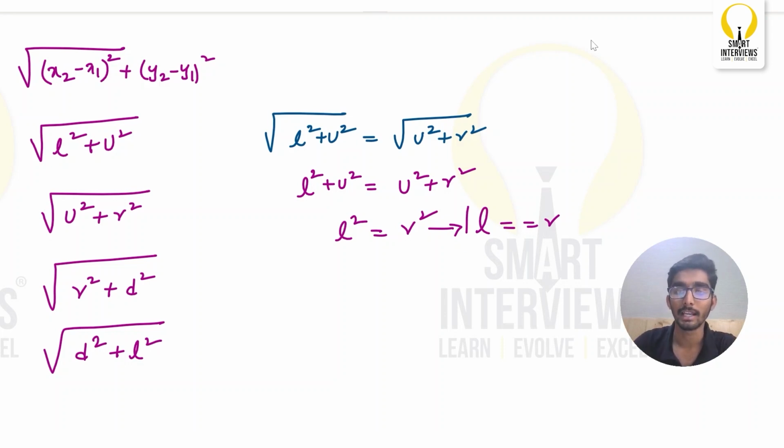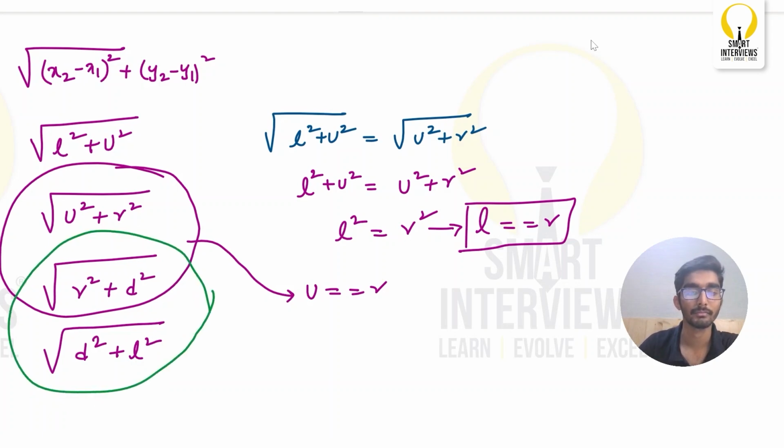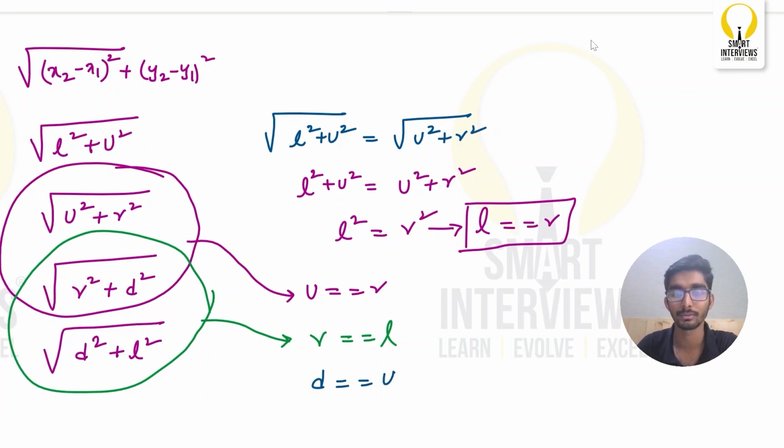Now if I do the same thing for these 2, I will get u must be equal to d. If I do it for these 2 points, I will get r must be equal to d. If I do it for the first and the last, I will get d must be equal to l.